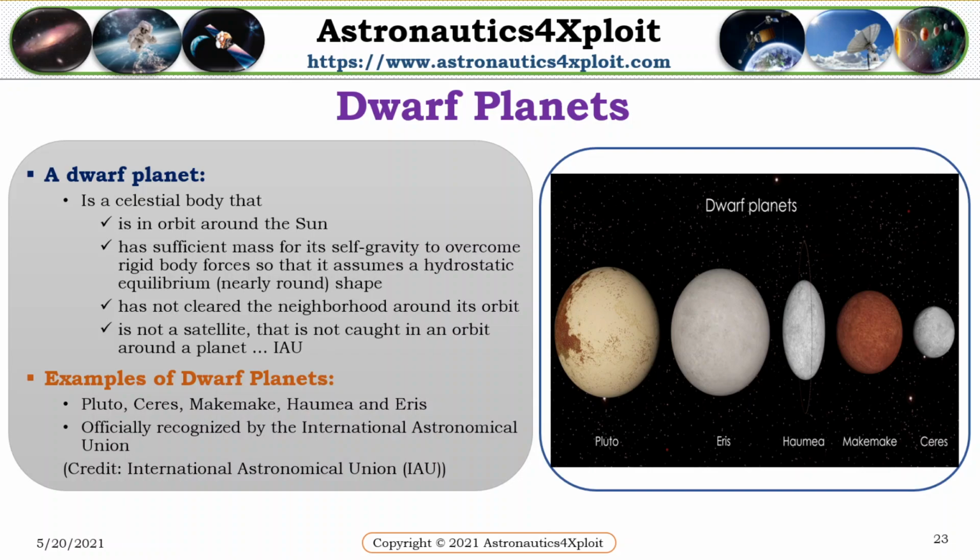It has not cleared the neighborhood around its orbit and is not a satellite. Examples of dwarf planets are Pluto, Ceres, Makemake, Haumea, and Eris. Dwarf planets are officially recognized by the IAU.